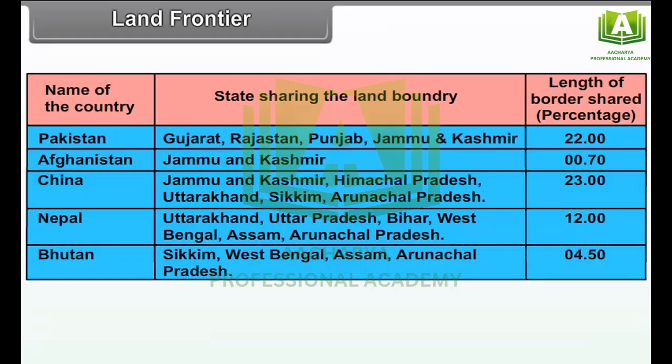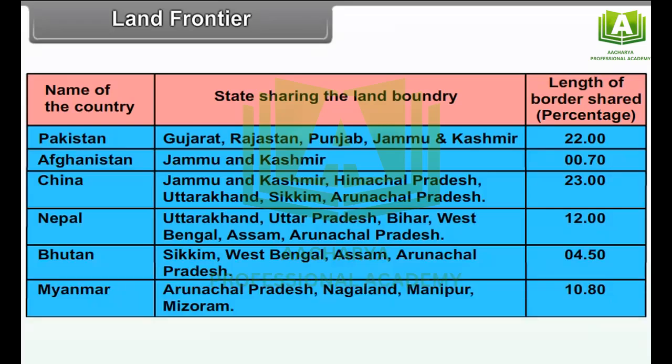Bhutan: Sikkim, West Bengal, Assam, Arunachal Pradesh, 0.50%. Myanmar: Arunachal Pradesh, Nagaland, Manipur, Mizoram, 10.80%.